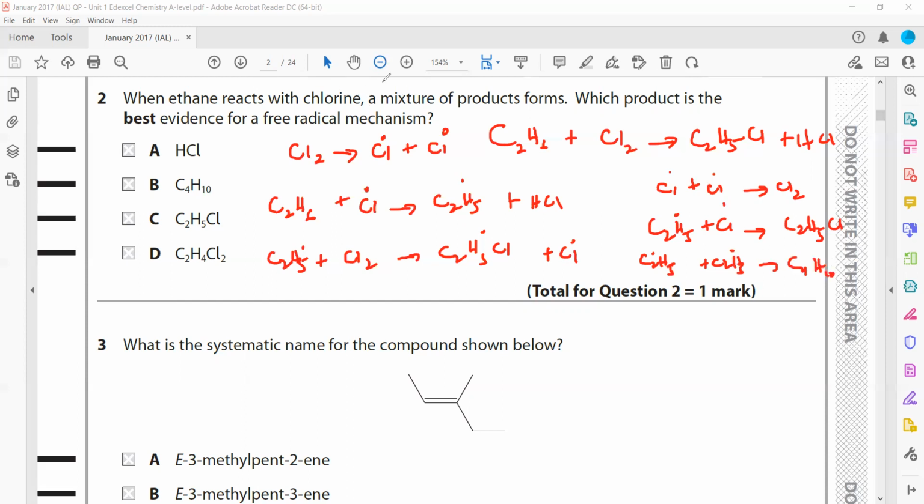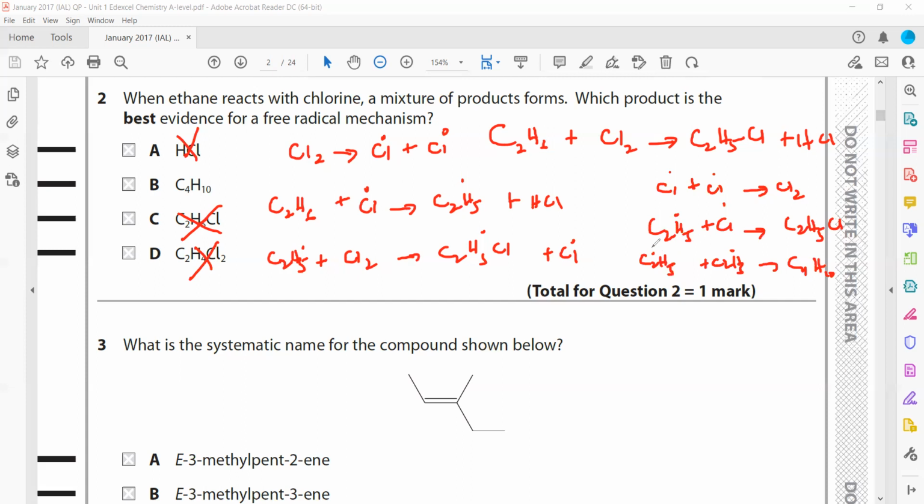So what is the best evidence? Even in a normal substitution reaction, C2H5Cl can be produced, so it does not show which mechanism happened. Same thing, if multiple substitution occurs, C2H4Cl2 can also be produced. HCl is also produced by substitution. But what is the evidence that it is a free radical substitution reaction?